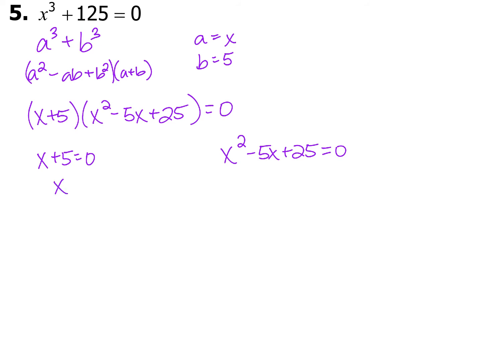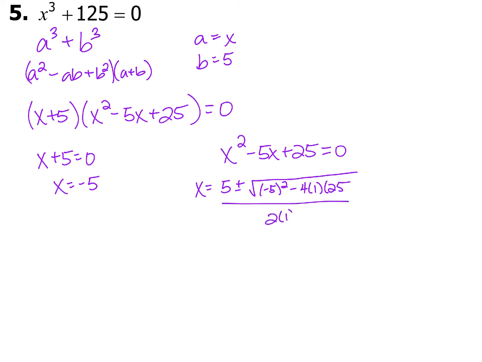For the left, I have x equals negative 5. Knowing that I'm using the quadratic formula, x is equal to negative b plus or minus the square root of b squared minus 4ac, and that's all over 2a.